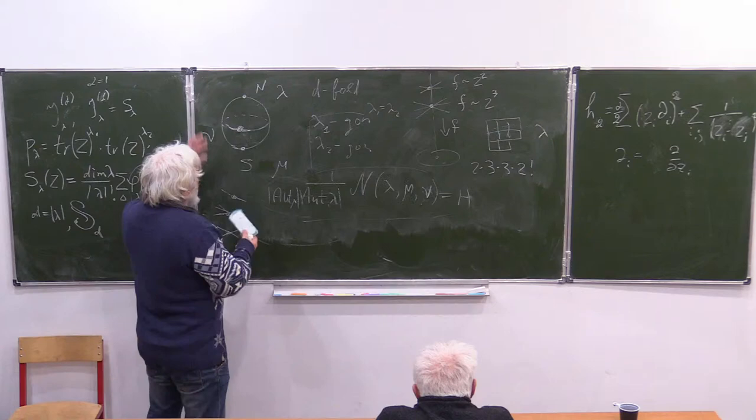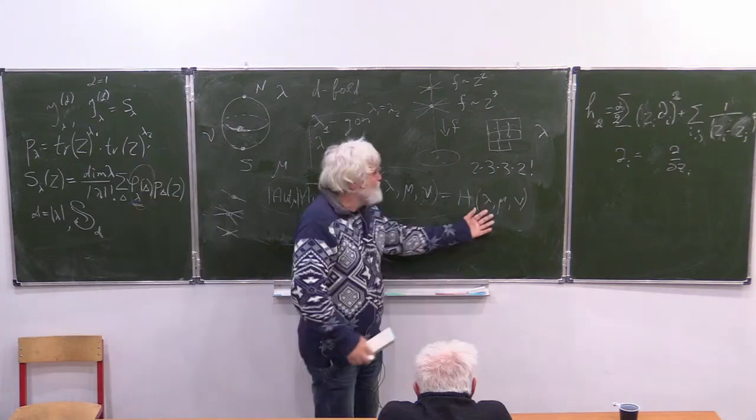We get some partition. And this ratio is called the Hurwitz number. It is one of the definitions of the Hurwitz number. And it may be shown that it does not depend on the order of these 3 Young diagrams. Okay?